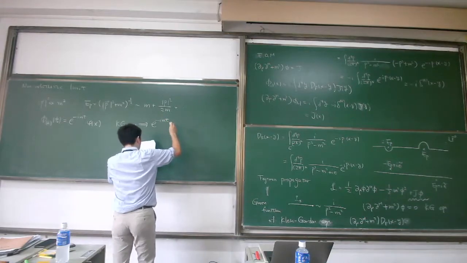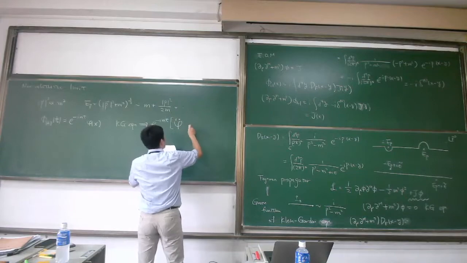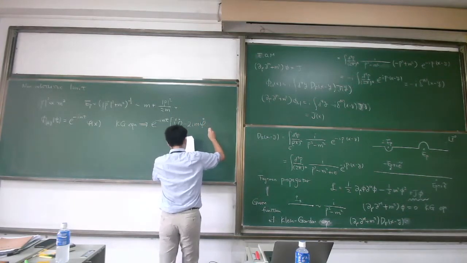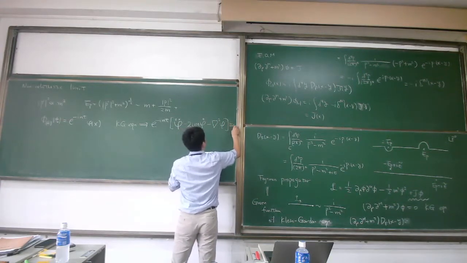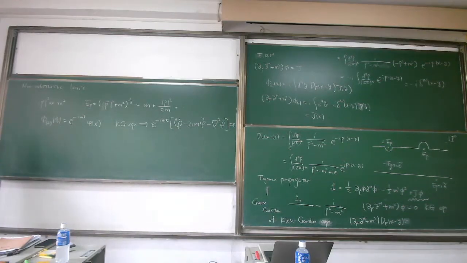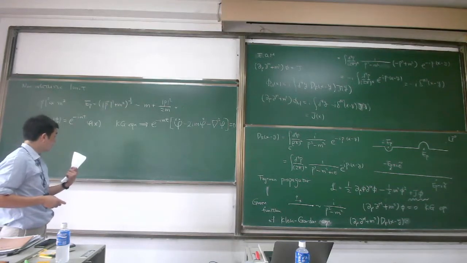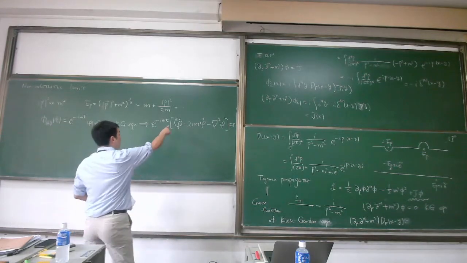I'm not going to derive everything. If you're careful, you can just follow the calculation by yourself. So you get this kind of equation, where the dot again means time derivative.